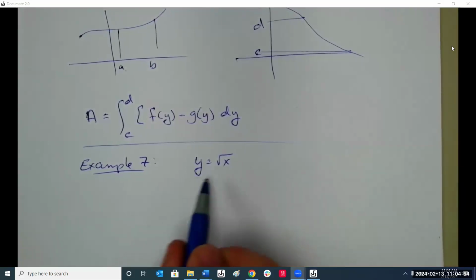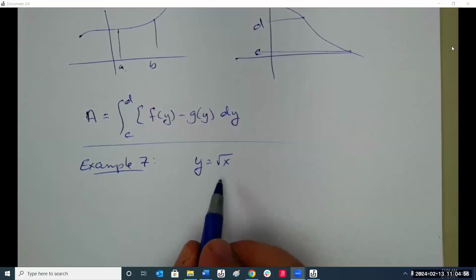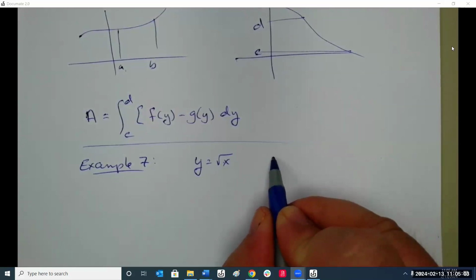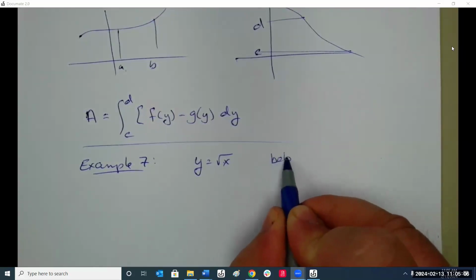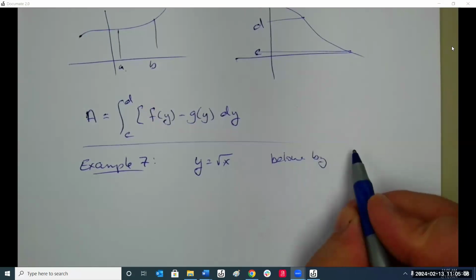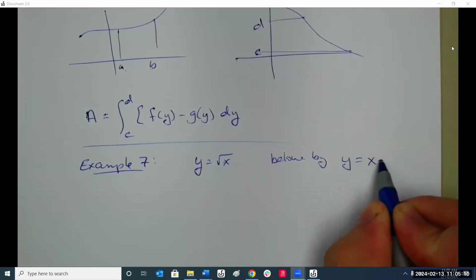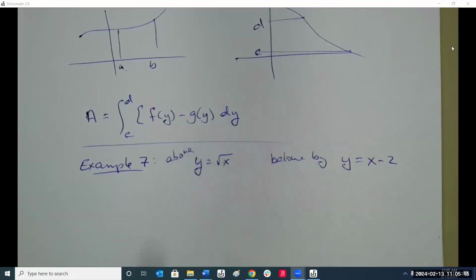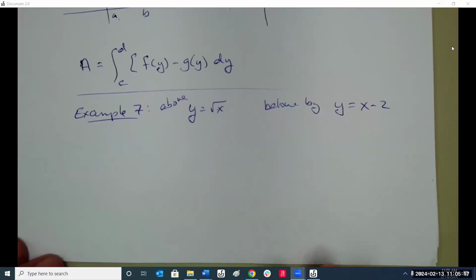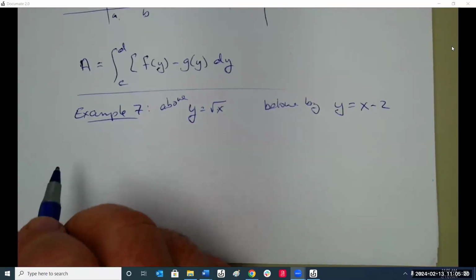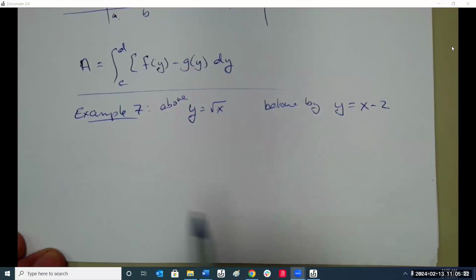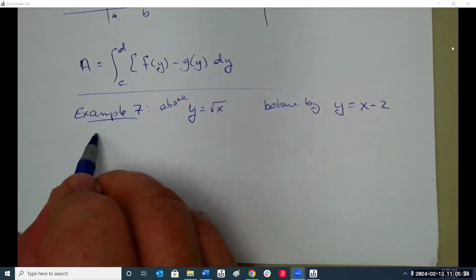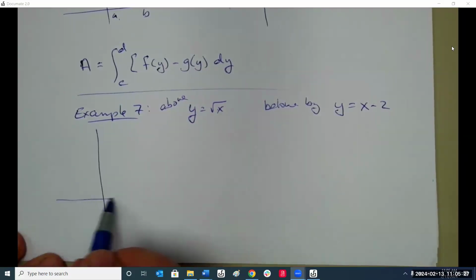Example 6 is find the area of the region in the first quadrant, bounded above by square root of x and below by y equals x minus 2. Okay, so let's look at the graph of this one.